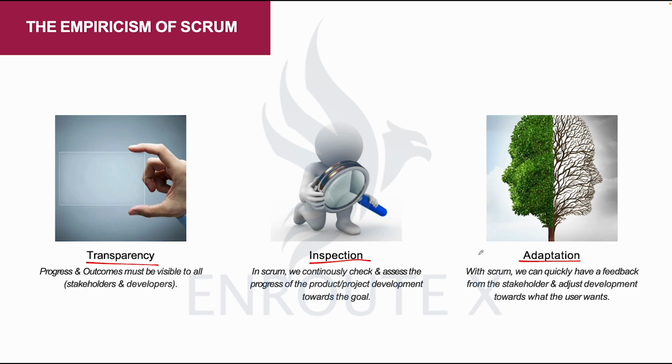So these pillars in Scrum focus on empirical data and feedback as tools needed to make decisive decisions, progressive decisions, and continuously improve the process. That is what the empiricism of Scrum essentially is all about.